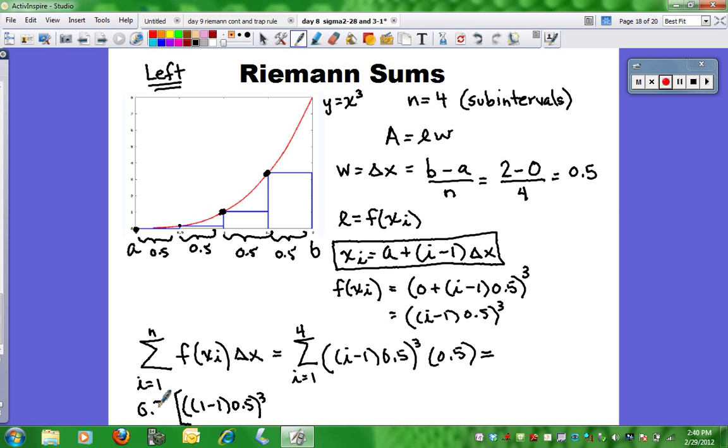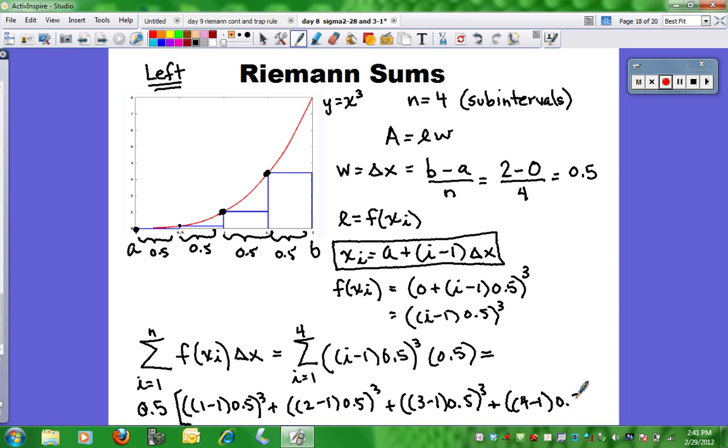You may have seen that when we were doing some of our summations, our sigma, our property of that. It's just a constant, so it's going to go outside of the sigma. So then we can do this sum inside: 2 minus 1, 0.5 cubed, plus 3 minus 1, 0.5 quantity cubed, and 4 minus 1.